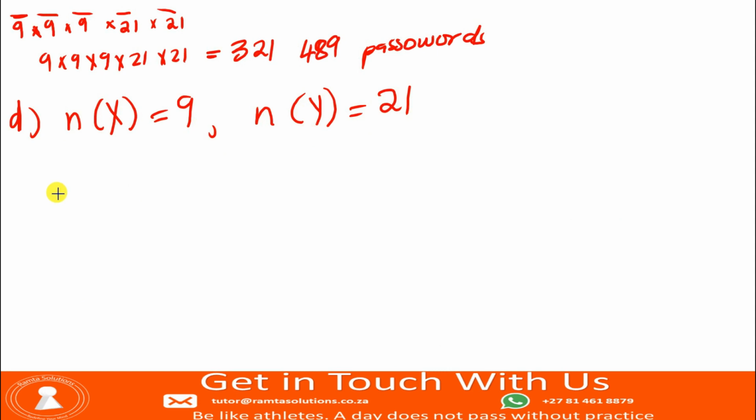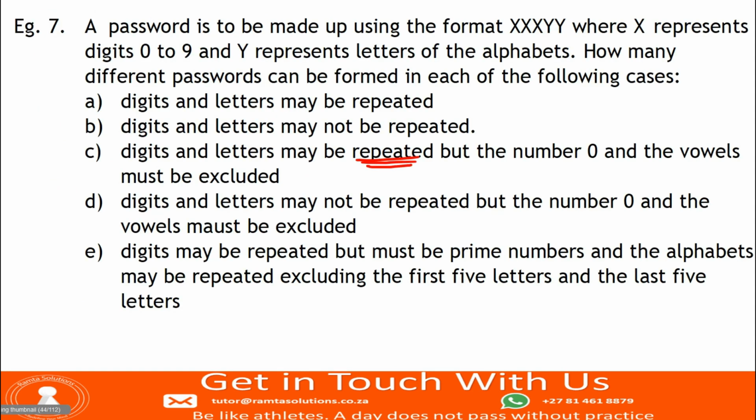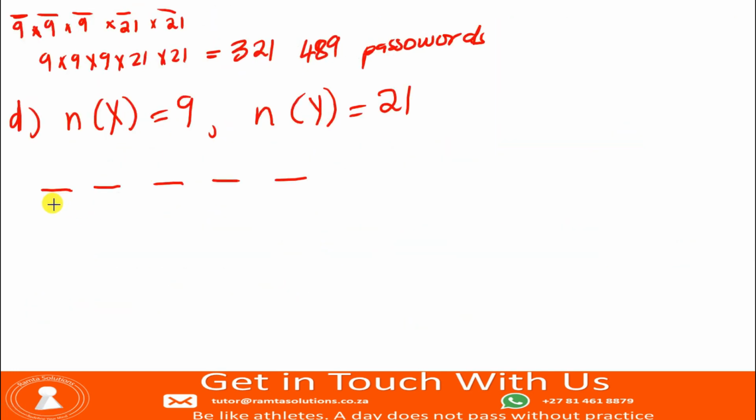So 1, 2, 3, 4, 5. They said may not be repeated. So we have 9 digits for the first digit. Because they may not be repeated, whatever we chose reduces the next by 1. So we will have 8, and then here we will have 7. Now for alphabets, we have 21, but because they may not be repeated, we now have 20.